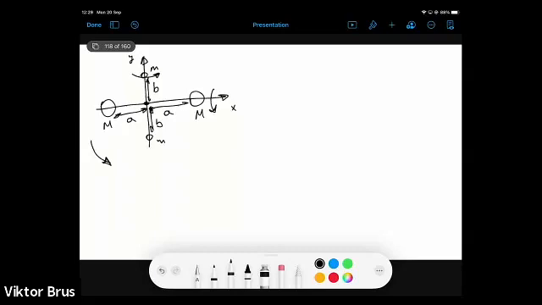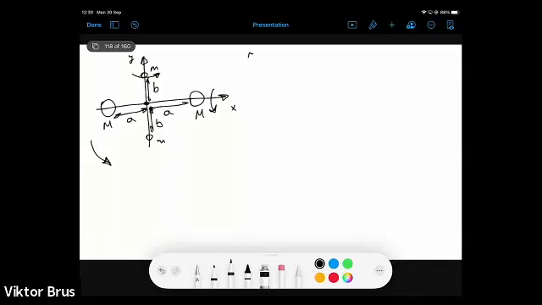Since we have different axes of rotation, we need to calculate a different moment of inertia for each of these cases.